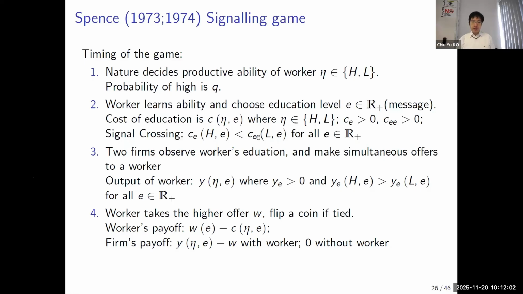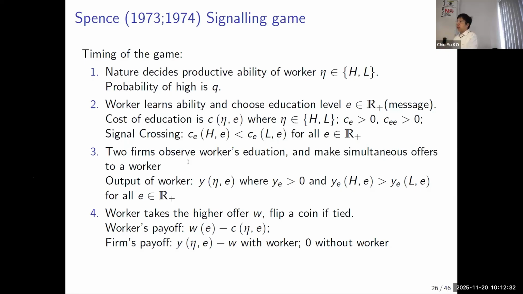And here, to make the type meaningful, you have to say what the value is to the firm. In order to make the model easier, you assume that two firms are making offers to the worker. It's Bertrand competition, so the worker gets all the surplus from the education.